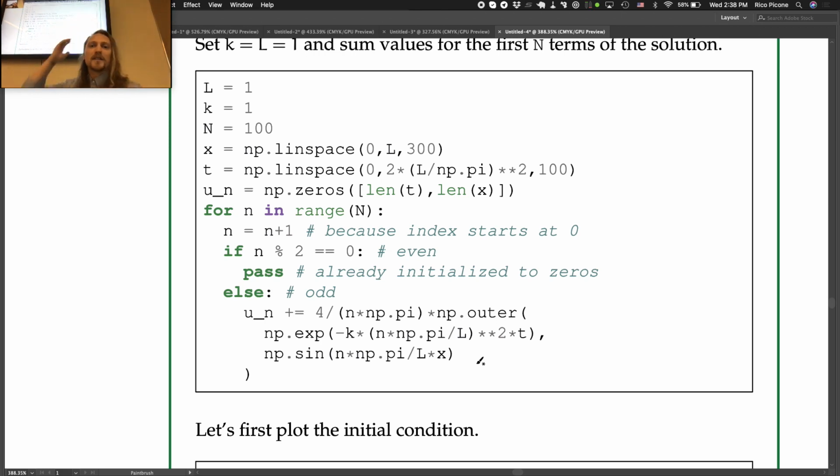The outer product is nice. If you have two arrays that are like n by 1 and 1 by m, you end up with an n by m. That's the outer product of two arrays. So this outer allows me to do that multiplication.